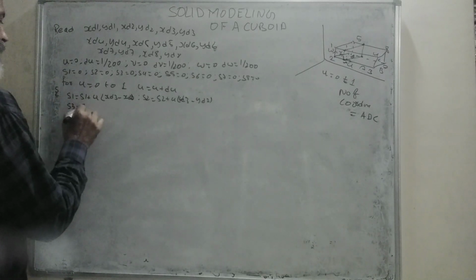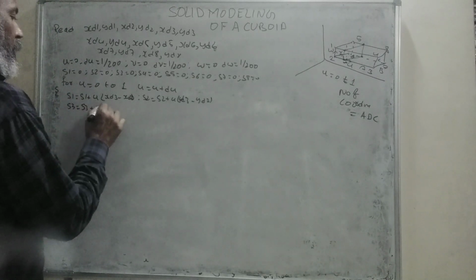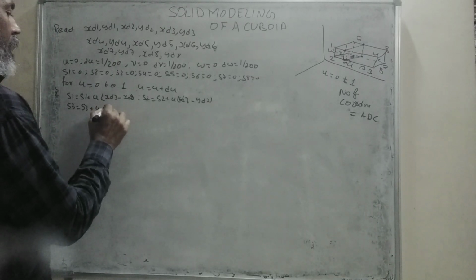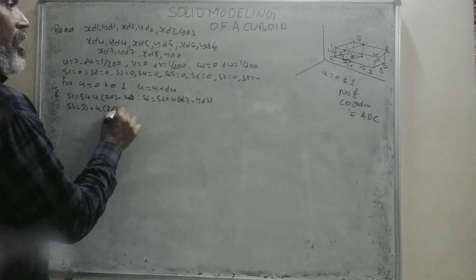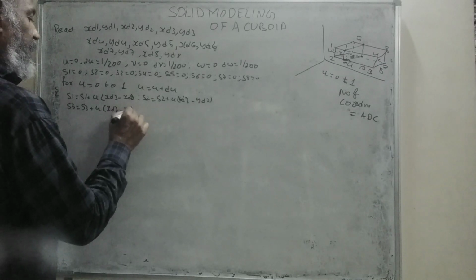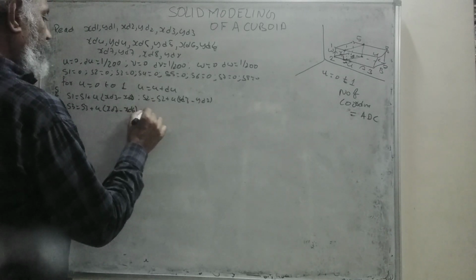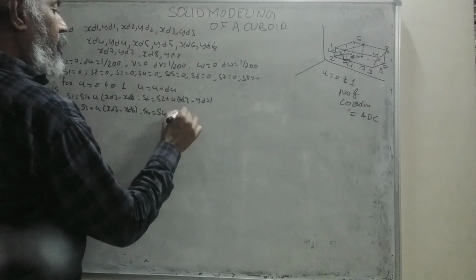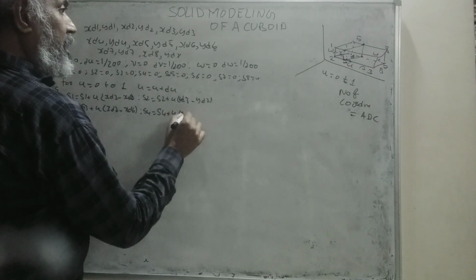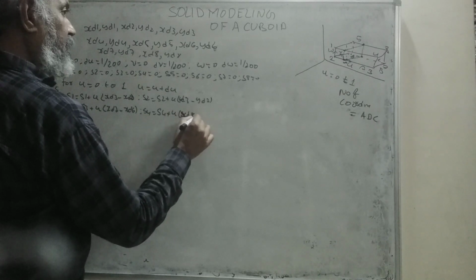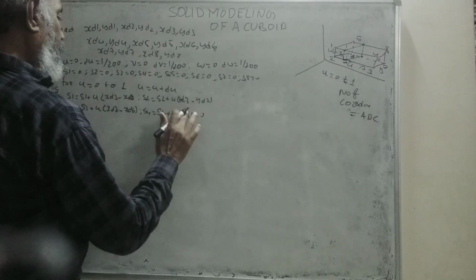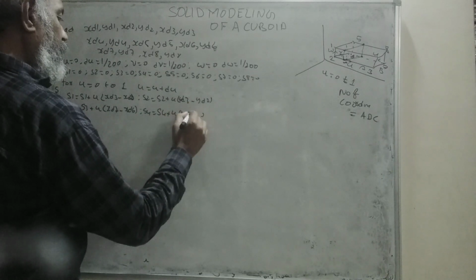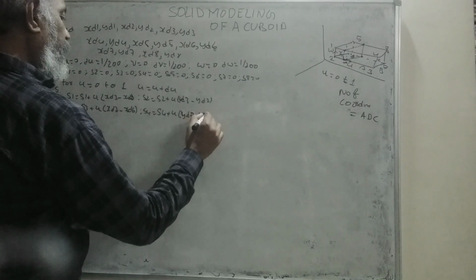S3 is equal to S3 plus u into XD7 minus XD6. S4 is equal to S4 plus u into YD7 minus YD6.